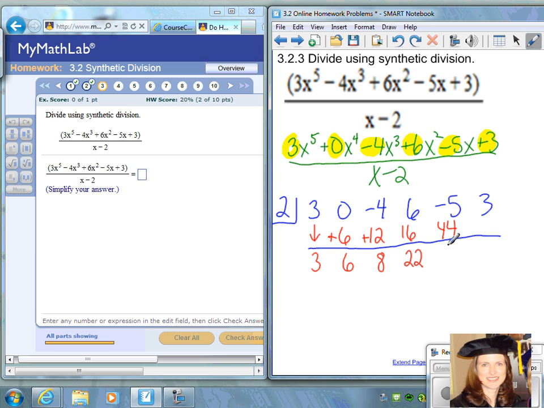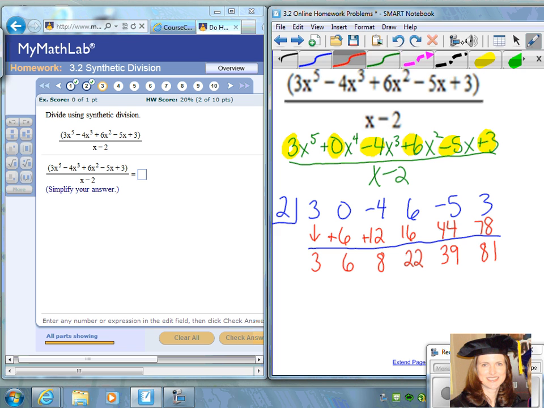Negative 5 plus 44 is 39. 39 times 2 is 78. And 3 plus 78 is 81.